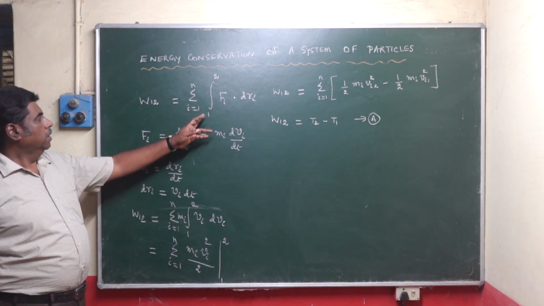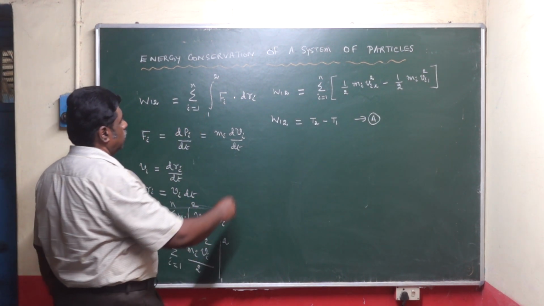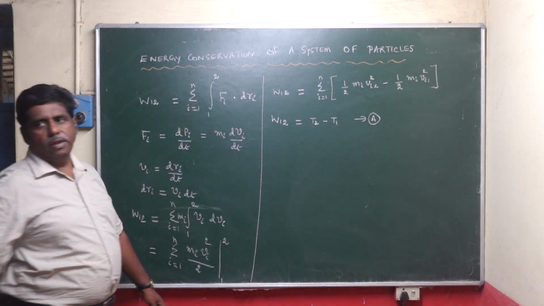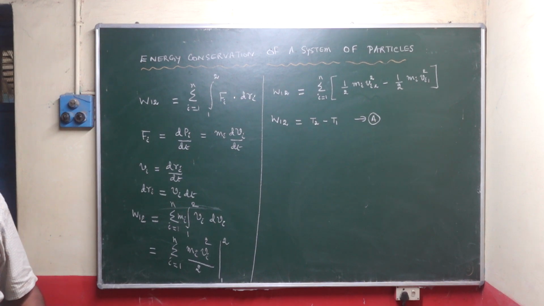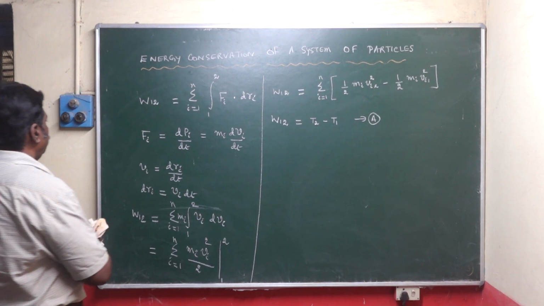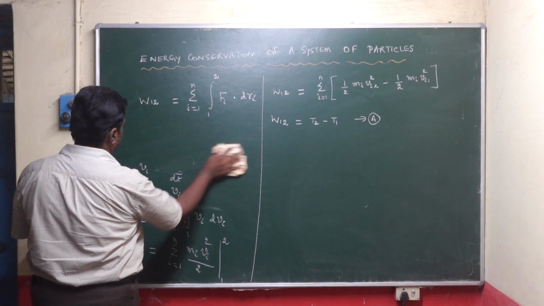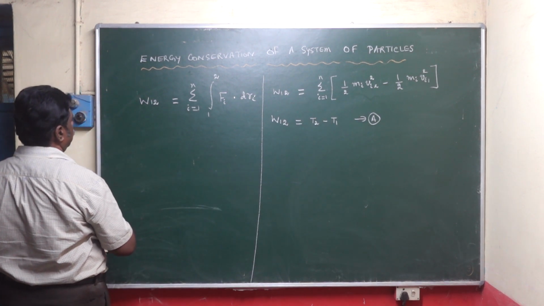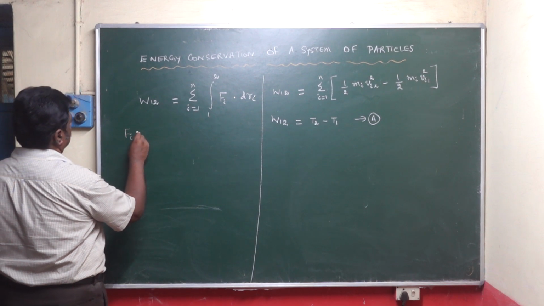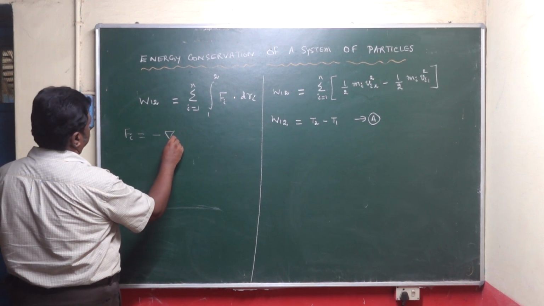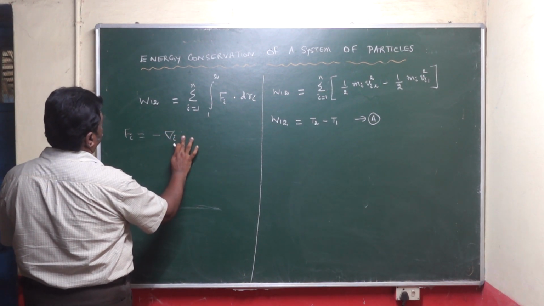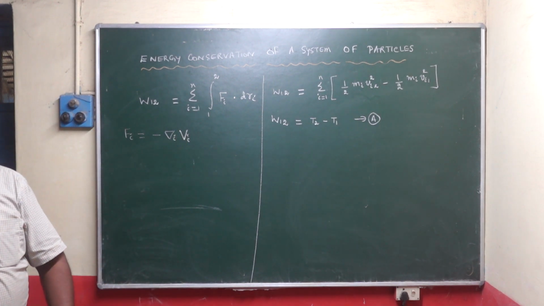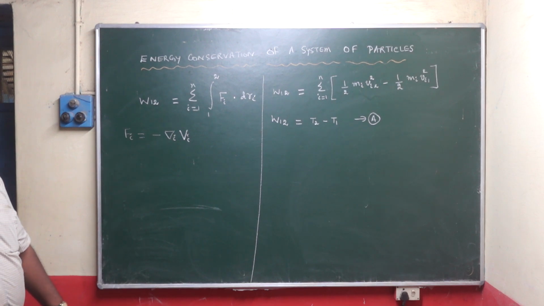Now in this equation, replace the value of Fi by means of the negative gradient of Vi. Here we have to replace Fi by minus grad i of capital Vi. Here capital V is our potential, small v is our velocity.